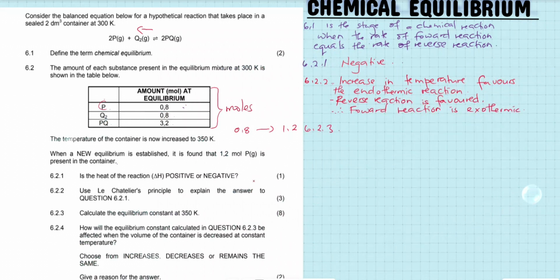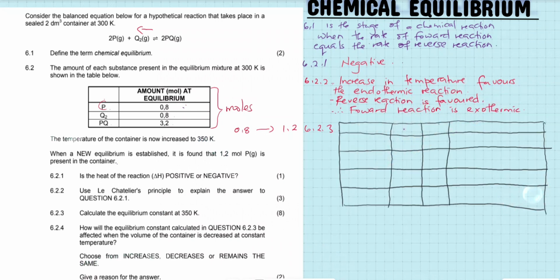6.2.3. Calculate the equilibrium constant at 350 Kelvin. To solve this question, we must have the equilibrium concentrations. So we are going to draw a table that will assist us to find the equilibrium values, which is the concentration that we are more interested in. At this point, write our reaction species.